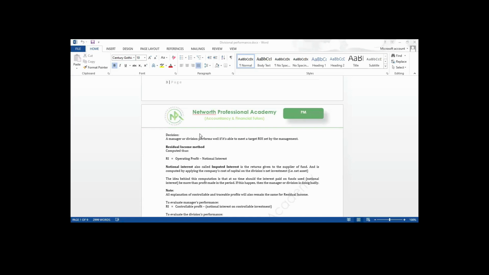The concept of residual income is that a division can only be assumed to be profitable if you are able to generate sufficient profit in excess of returns to the providers of capital.